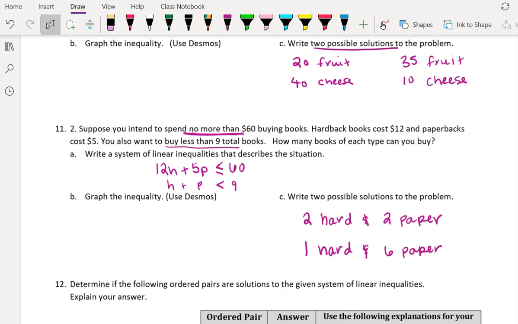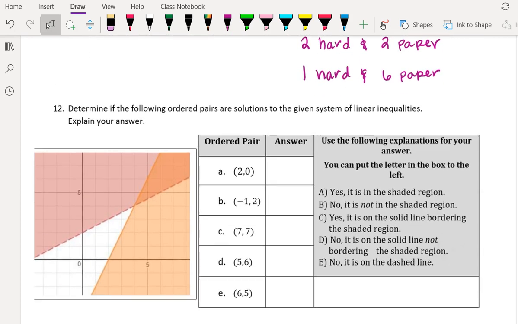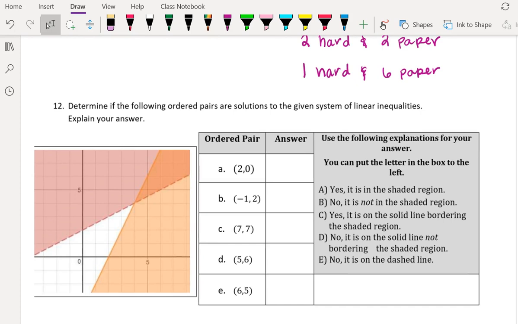Okay, and so for number 12, I'll just finish it off here. You're just deciding if the ordered pair is a part of the solution set or not. So you have this pink region and this light orange region. So the answers are in this region over here. This is your solution region.